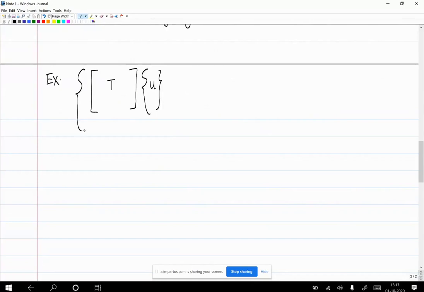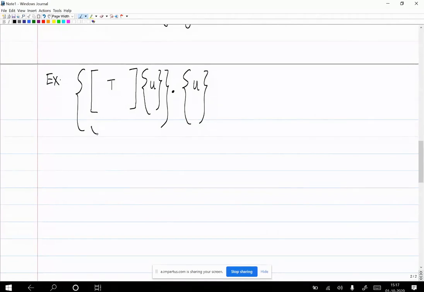So the product is now a vector. And suppose I dot this with the same vector U. Can I write this in indicial notation? How to write this in indicial notation?